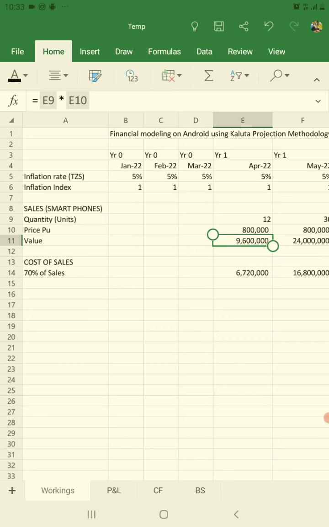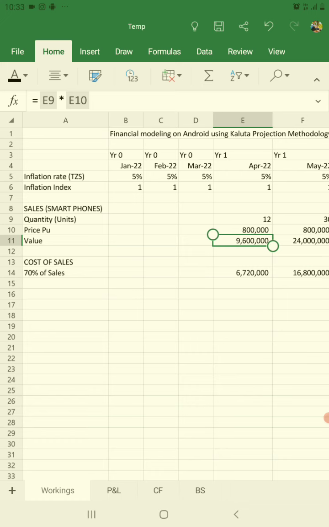In this business modeling thus far, financial modeling, we have assumed that all the purchases done in a given month are sold in that very same month, so we don't have closing stock. Now let us introduce the stock component into our financials.